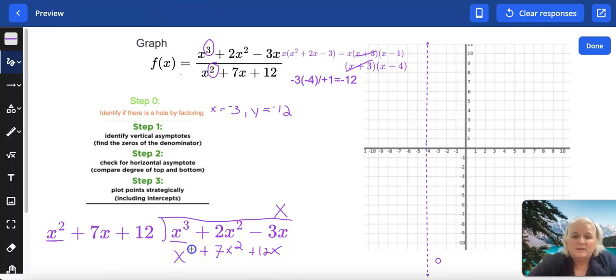Now, the key in long division is that you change the signs and then you add going down. It's like subtracting. It is subtracting, but I do it in a different form. So this is 0. This gives me a negative 5x squared, and this gives me a negative 15x.